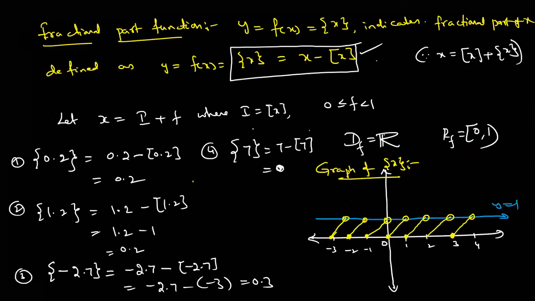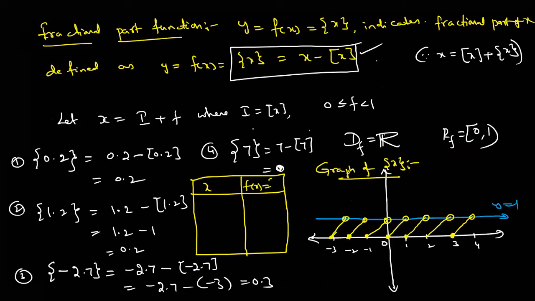Dear students, now I'm drawing the picture, see the table. How to draw the graph, see carefully. f of x is equal to fraction part of x, I'm drawing. My question is, suppose minus 2 less than or equal to x less than minus 1, then what graph is coming?